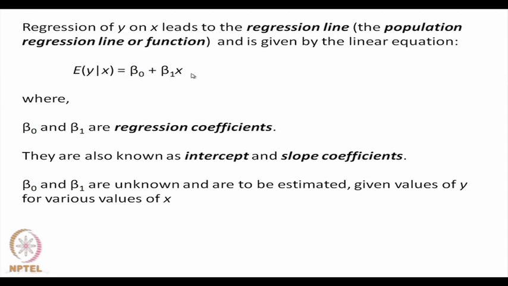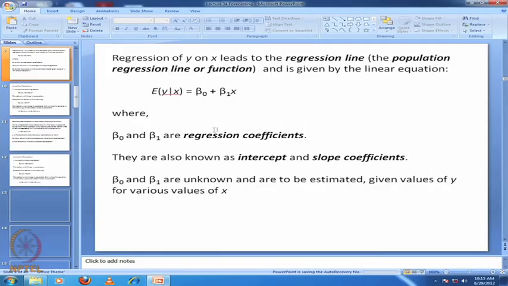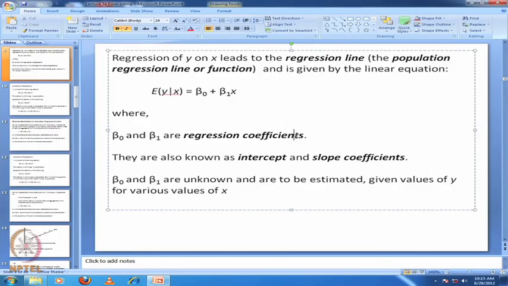Beta 0 and beta 1 are regression parameters, not coefficients.